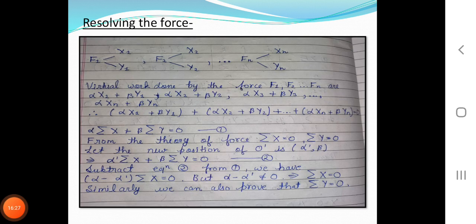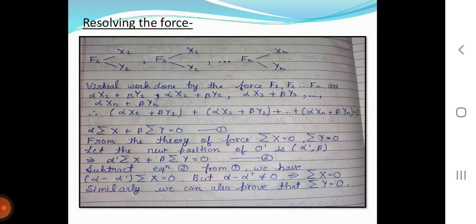On resolving the forces, we can see that F1 is related to x1 and y1, F2 is related to x2 and y2, till Fn is related to xn and yn. Virtual work done by the forces F1, F2 till Fn are alpha x1 plus beta y1, alpha x2 plus beta y2, alpha x3 plus beta y3, till alpha xn plus beta yn.